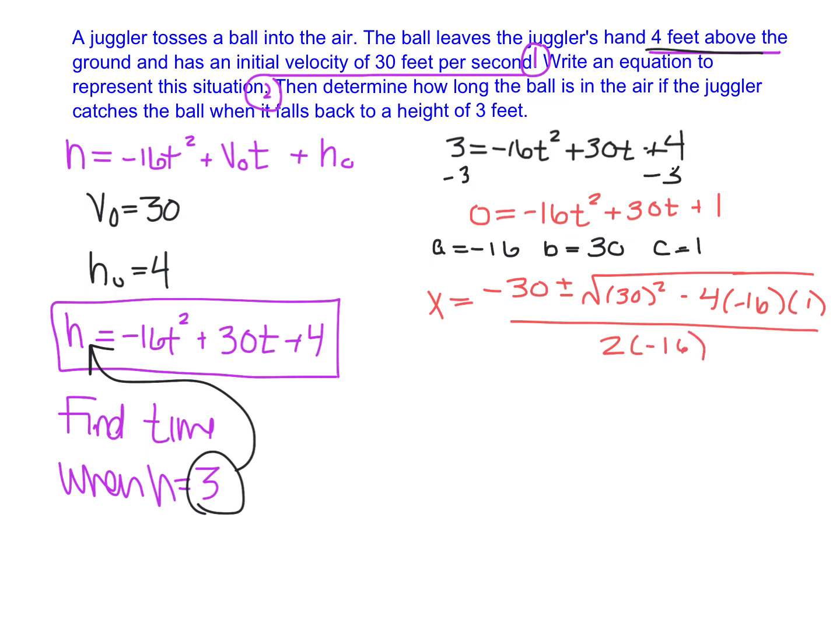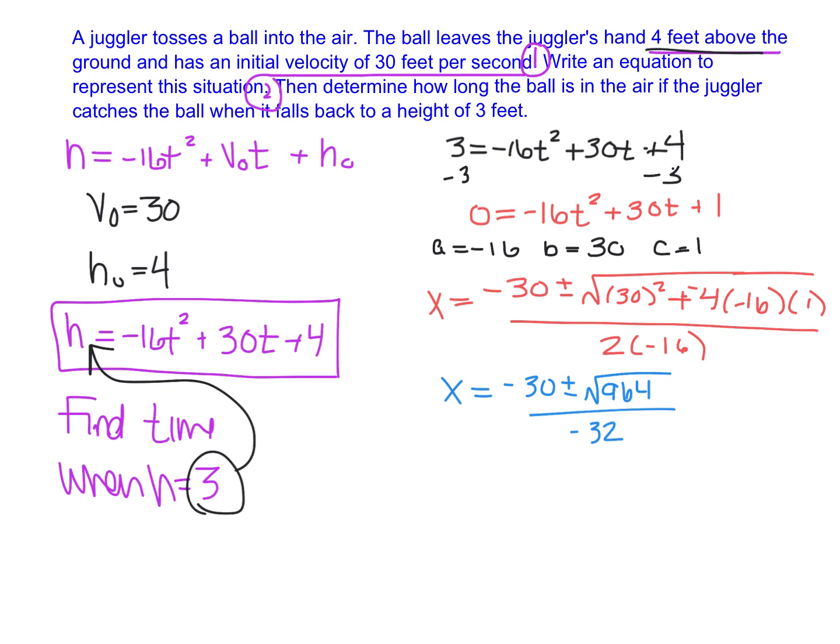I'm going to use keep change here because that's easier for me so I don't make an error. Now that I've substituted, I'm going to simplify underneath the square root. So I have x equals negative 30 plus or minus the square root of 964 all over negative 32.